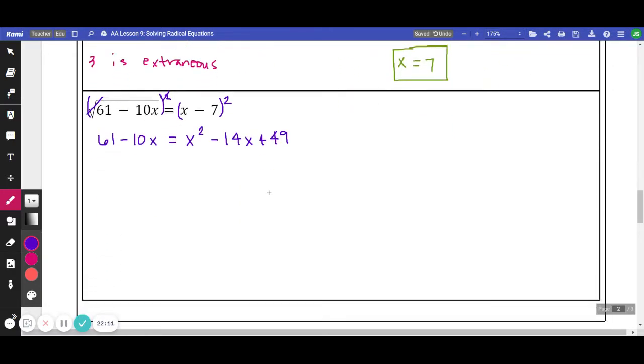That's how you'd get this. I want to set it equal to 0. So I'm going to subtract 61 from both sides and add 10x to both sides. So I get minus 4x. And then 49 minus 61 is negative 12.